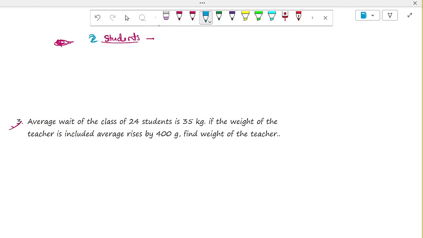I'll take two students. There are two students, and there was a math test. First student scored 100 marks, and the second one I don't know. But the average of them was 80. Average of both of the students was 80.